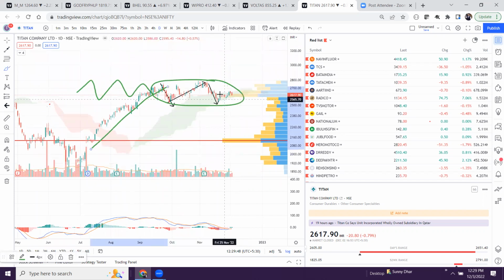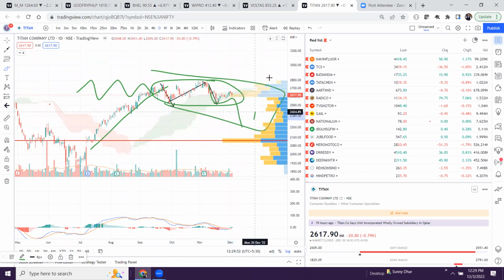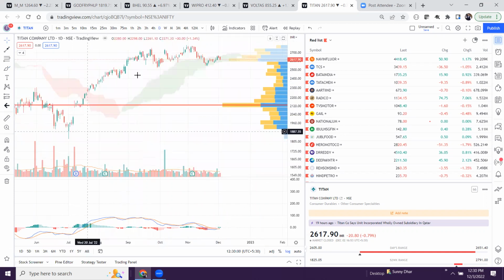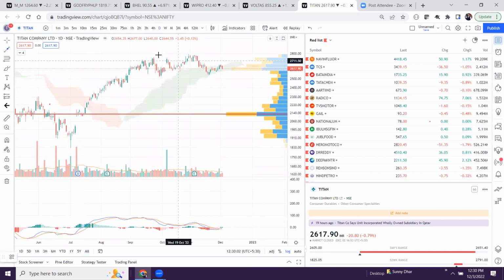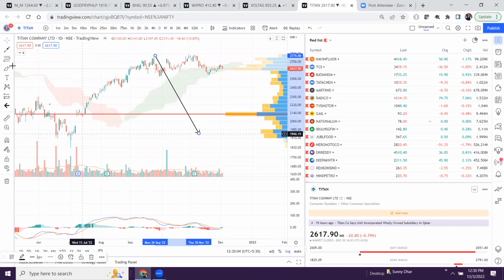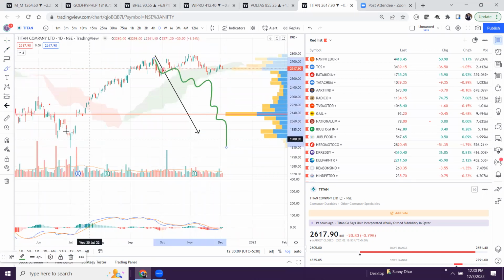So after this correction is over, we can again get an impulse. But we also have to look at why we are saying that this is an impulse. Because this correction will not go below this. Now suppose this slowly goes below this, then this logic changes.